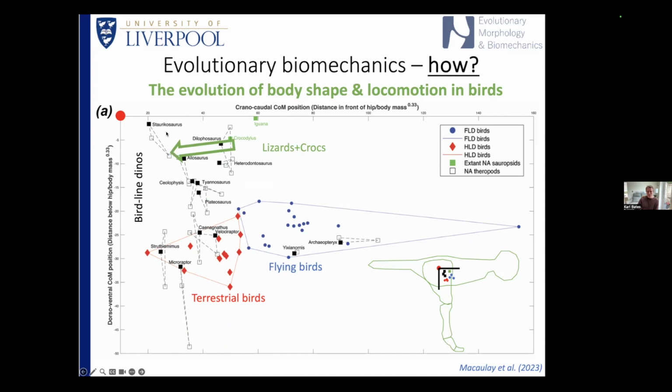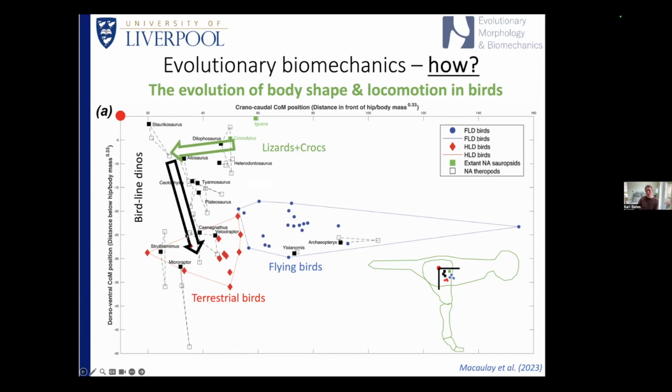What we then see is a strong phylogenetic trend along the line to birds, where in this region you have your stereotypical non-avian theropod dinosaurs. So your long tails, your big, scary heads with big teeth like T-Rex and Allosaurus are all up here.